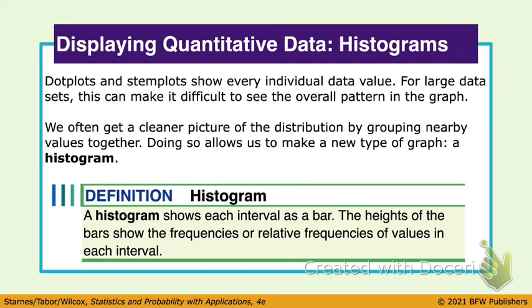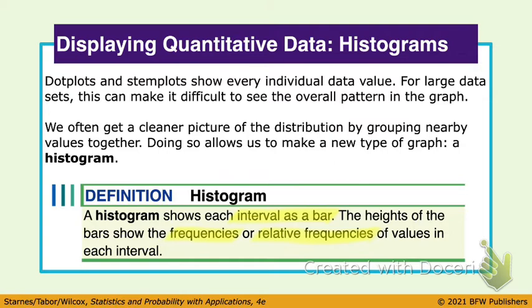So a histogram shows each interval as a bar, and the heights show the frequencies or the relative frequency of the values in each of those intervals. So again, we're going to have sections, and then we're going to see how frequent those are.